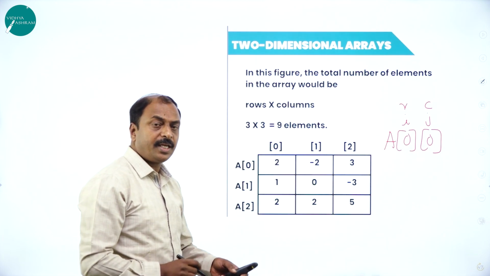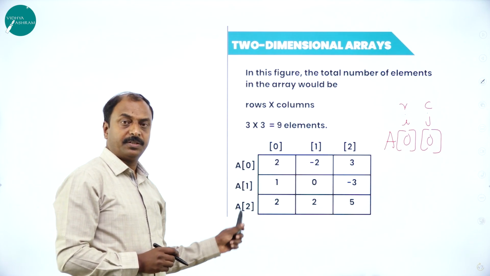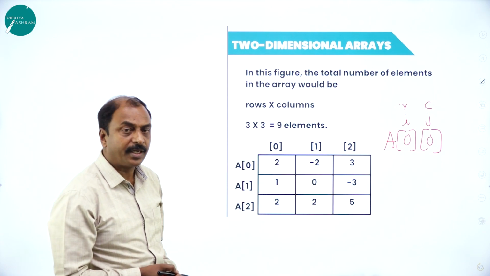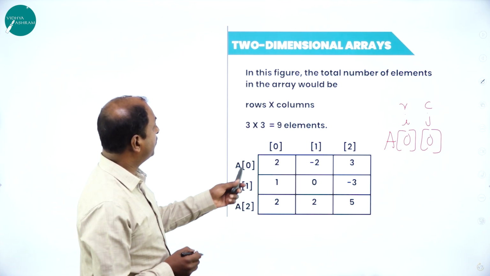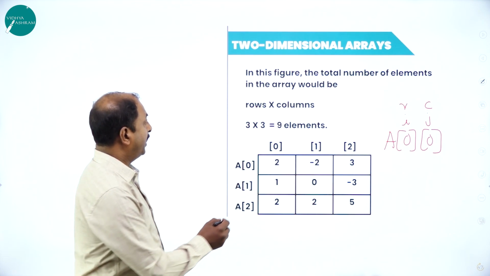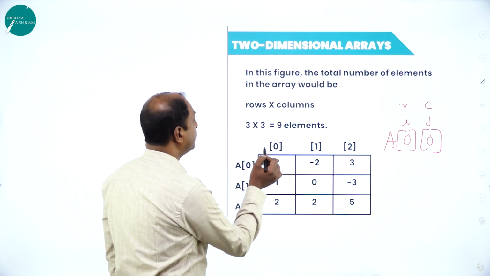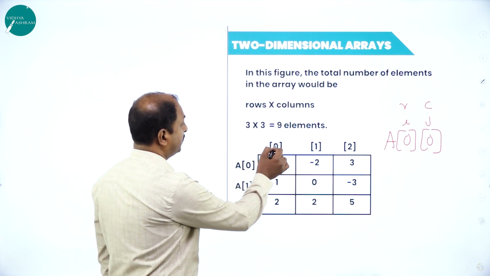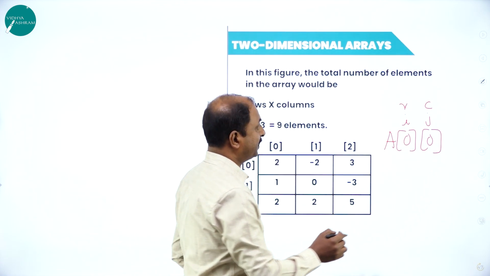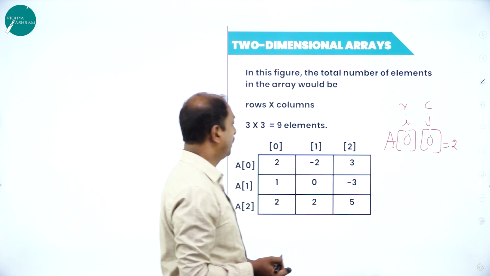So accordingly, if you look at the memory address location, or at the example, how can we access the elements of a two-dimensional array? If you look into that, this is index 0, 1, 2, 0, 1, 2. The memory address location of this element 2 is 0, 0, that is A of 0, 0. A of 0, 0 represents the element 2.